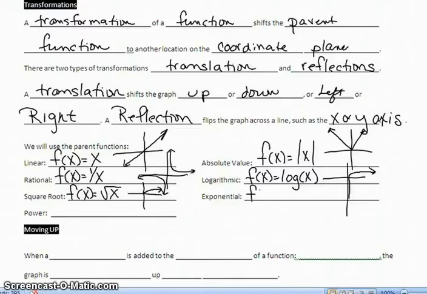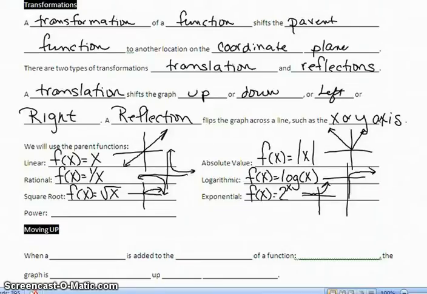Exponential has a variable as an exponent, and its graph begins here, kind of slow, and then it takes off for the moon, takes a turn upward.